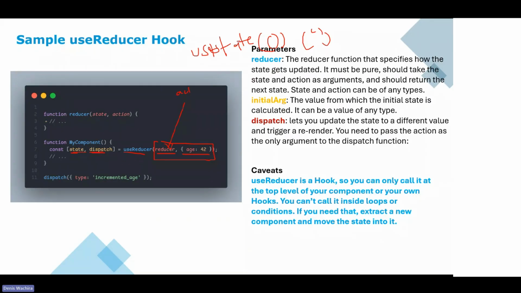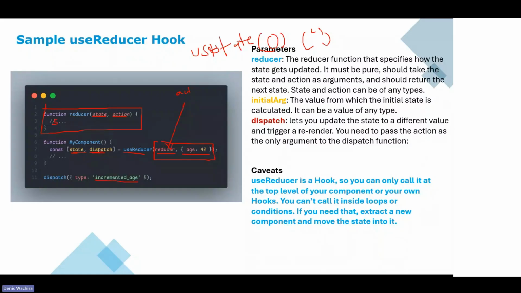The first is the function that has the actions. It is a function you define somewhere separate, and that reducer expects two parameters, which are the state and the action. Whenever you have those actions, the first action can be of type increment.